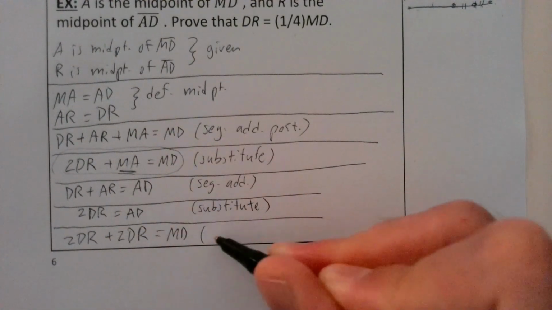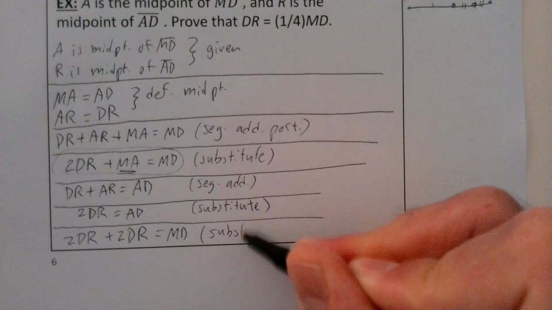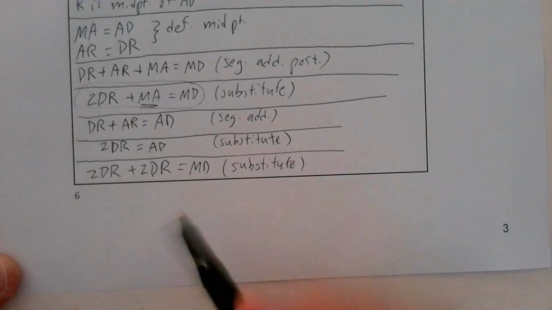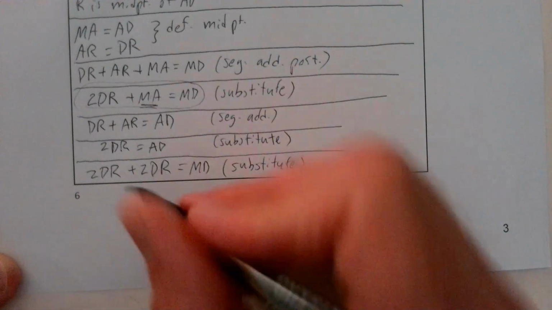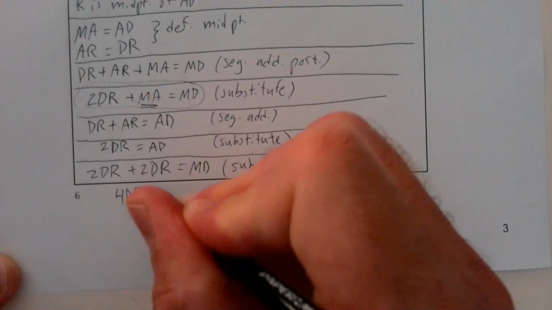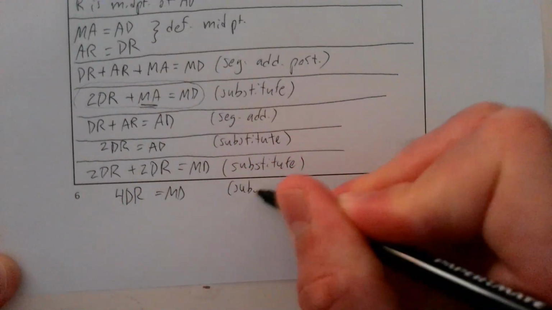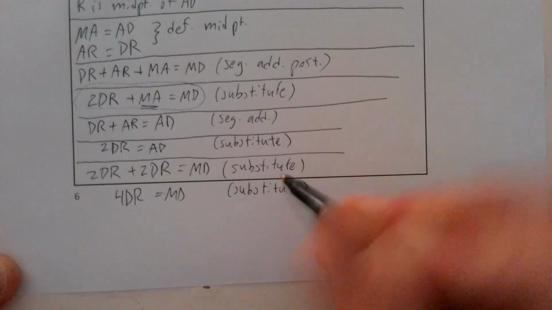It's by substitution. And then I can add those together and replace with equal value of 4DR. Substitution. And then I can use my division property. Divide both sides by 4.